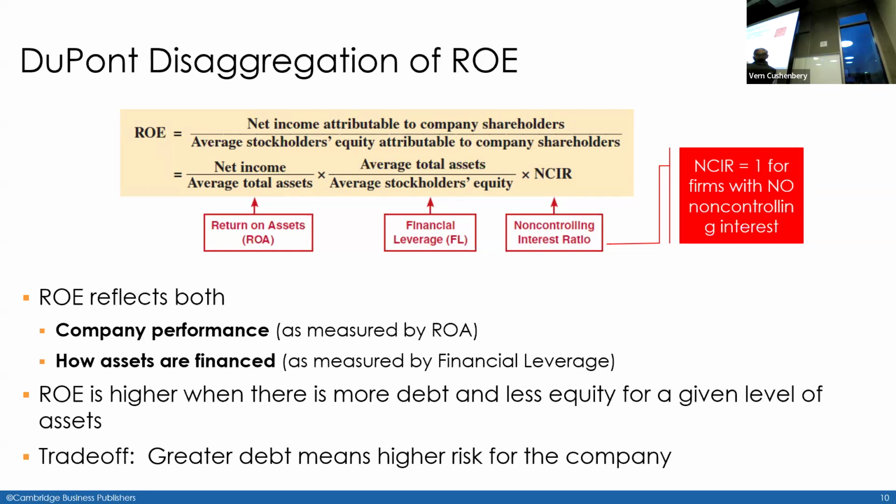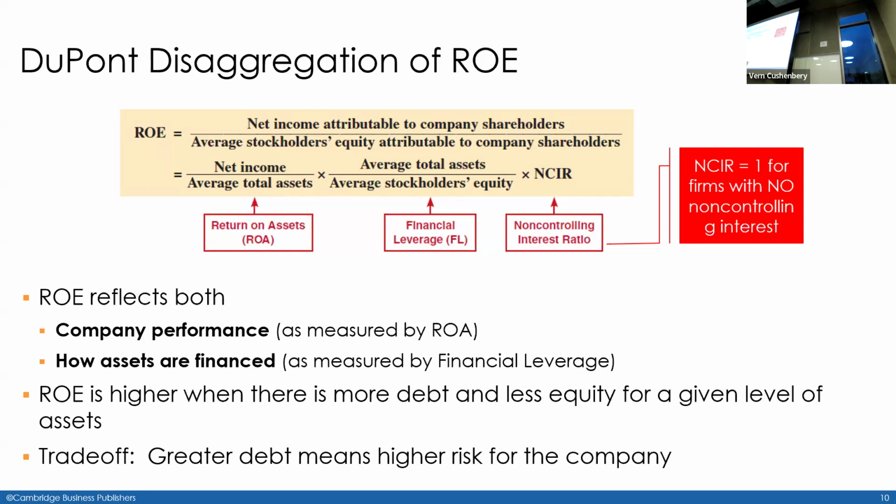And then this is another technical aspect that I've never seen used in practice to reflect the share of return on equity that's attributable only to common shareholders. We're going to make this little adjustment off here to the right that says times NCIR, where NCIR equals the non-controlling interest ratio. I'm going to show you another slide here in the back of this deck that looks at the non-controlling interest ratios for the S&P 500.